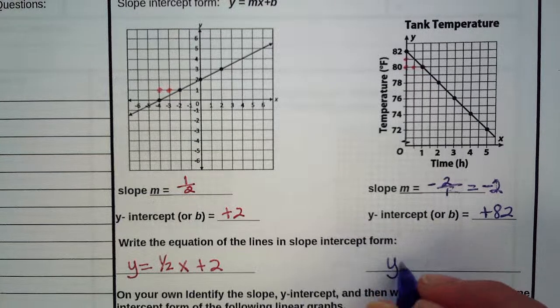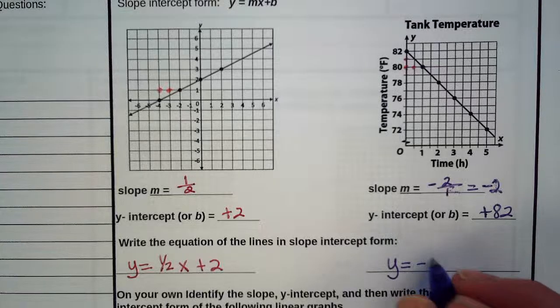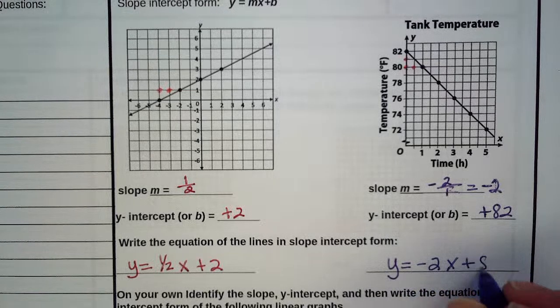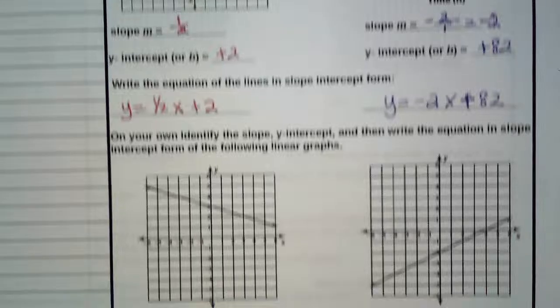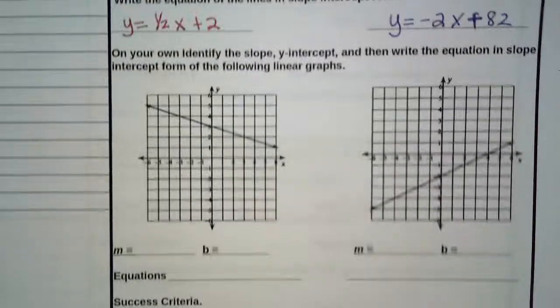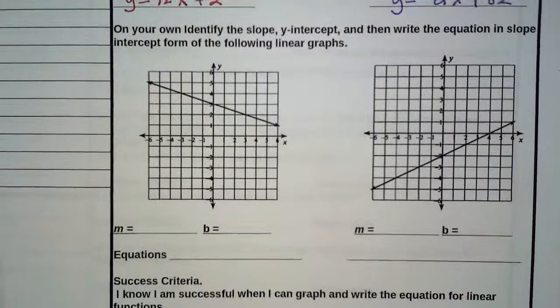Y equals, put in your slope, negative 2 followed by the x plus 82. Okay, pause the video. Or if you're still questioning how to do it, back the video up and watch again. You've got 2 to complete on your own. Can you do that? Pause the video now.